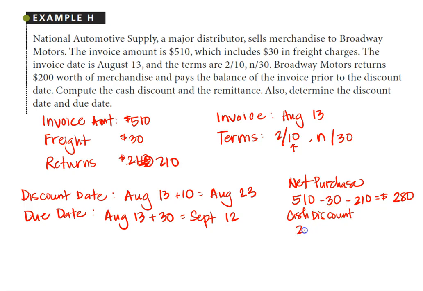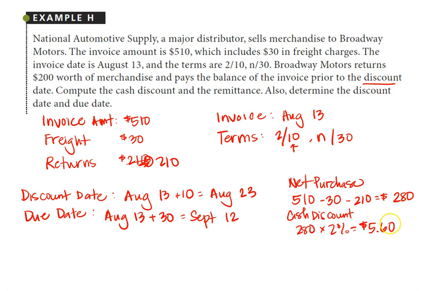And that's the $280 times the 2% discount that they received, because it does say that they did pay within that discount period. So they paid the balance of the invoice prior to the discount date, so they did receive this 2%. This is $5.60.